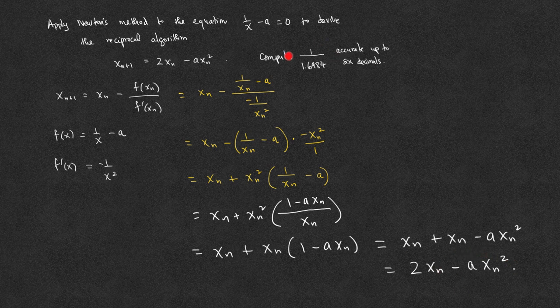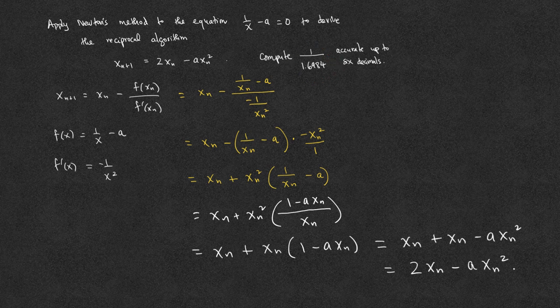To compute 1 over 1.6984, we first start with an initial guess. The more accurate the guess is, the fewer steps in Newton's method we would need to carry out. In this case, 1 over 1.6984 is probably a half, or 0.7 or 0.4.